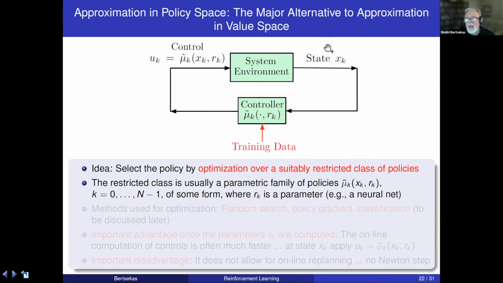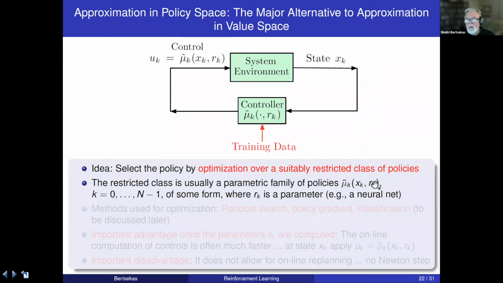Now let's go into a conceptually different type of approximation. Approximation in policy space. This is a major alternative to approximation in value space. And the idea here is we have a system, we measure the state, and we apply a controller which we choose from a restricted class of policies, usually a parametric class that involves a parameter r_k.